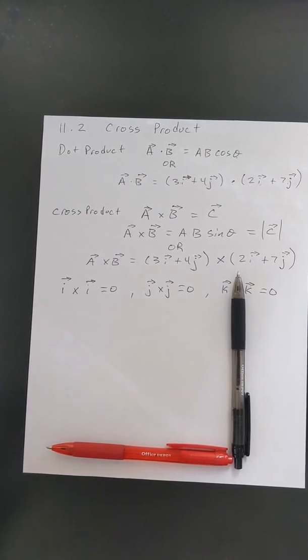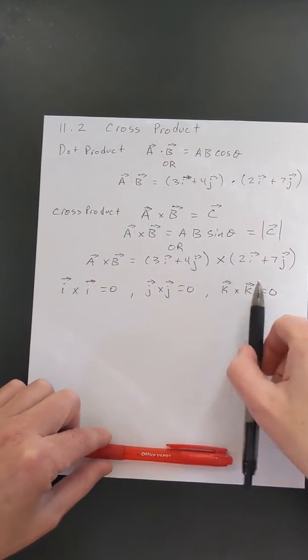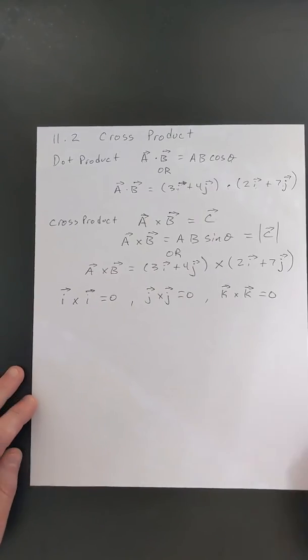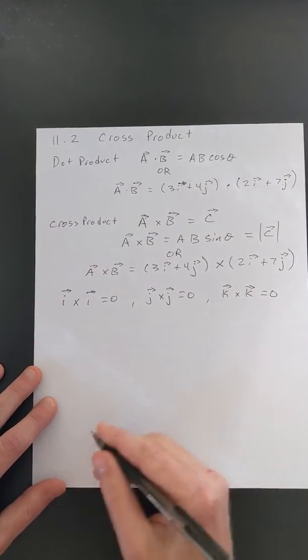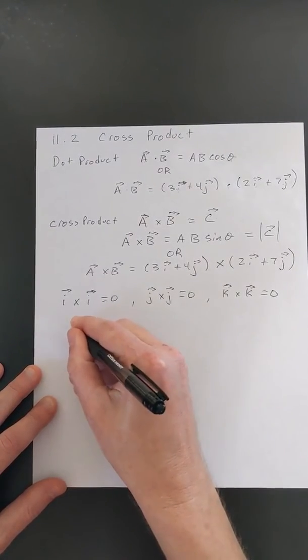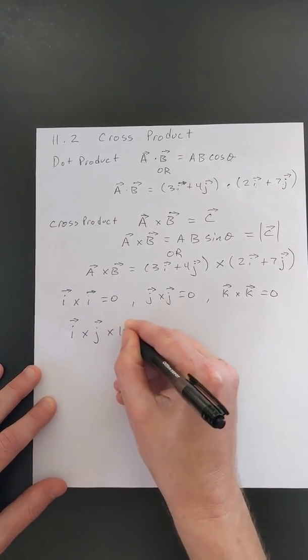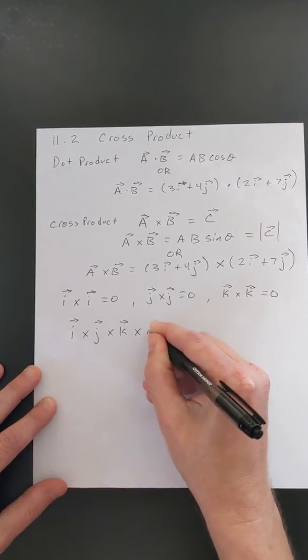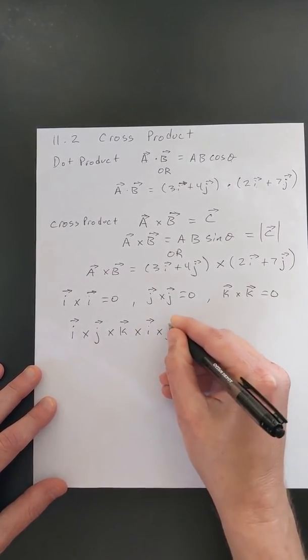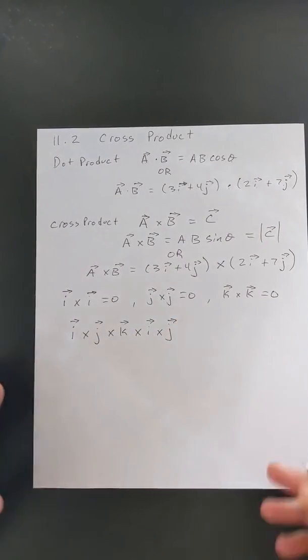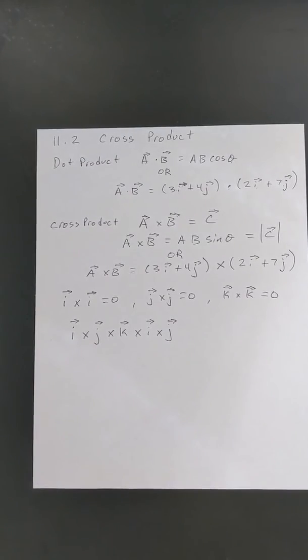But there's another trick. If you remember, I call this the Johnny Yomtubian trick, where we do something very simple. You write i cross j cross k, and then write cross i and cross j one more time. You can keep going if you want, but you'll see it repeats pretty quickly.